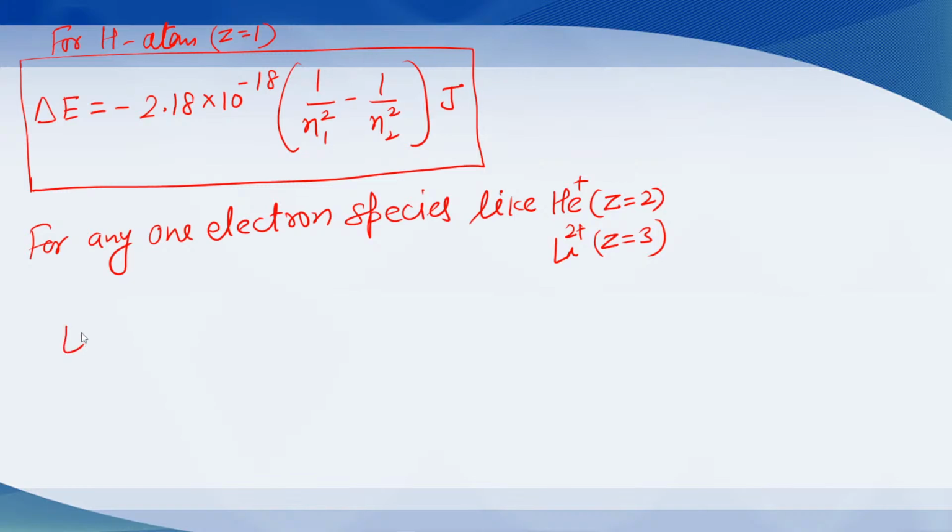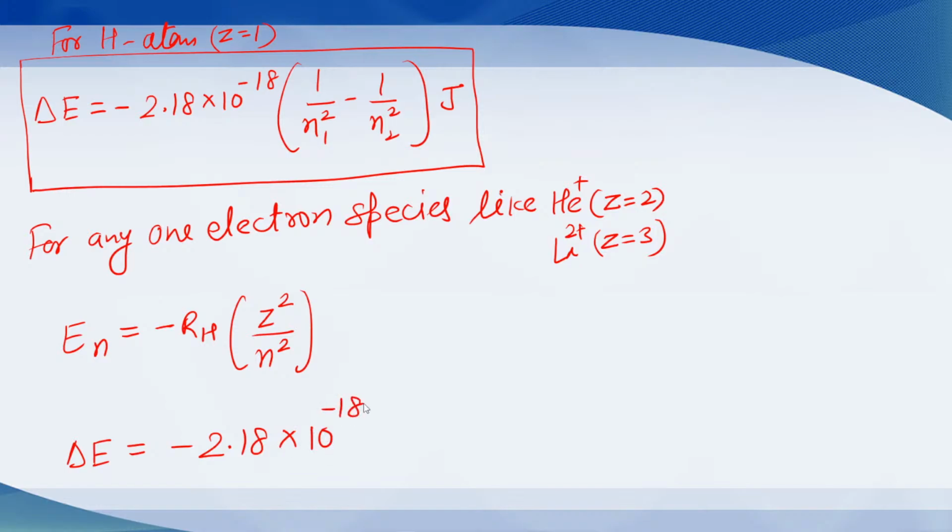But if we have a one-electron species other than hydrogen, then it is minus RH Z square over n square. If Z square is also attached, then in that case delta E becomes minus 2.18 into 10 raised to power minus 18 into 1 upon n1 square minus 1 upon n2 square into Z square.